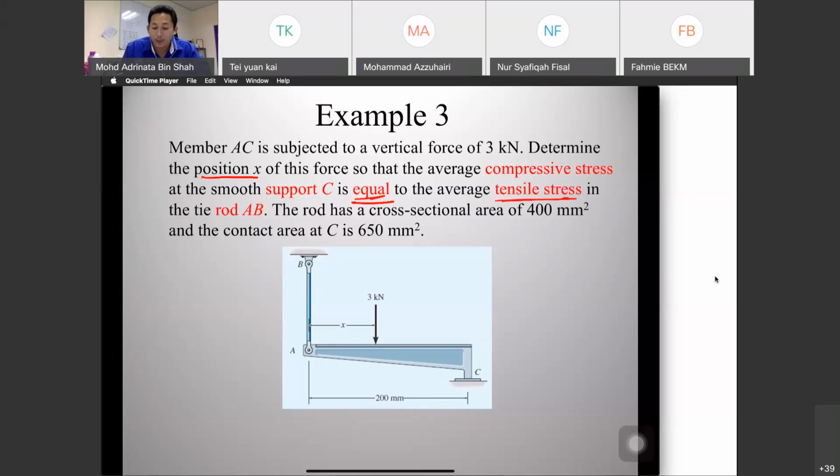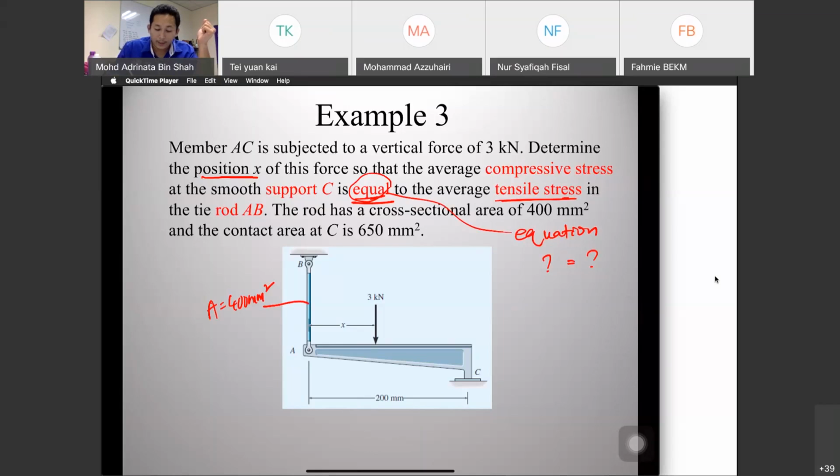So it is equal. Equal ni equation lah. Equation apa equals to apa. Okay, kita tengok. In the tie rod AB. So ini rod AB. The rod has a cross-sectional area of 400 millimeter square.